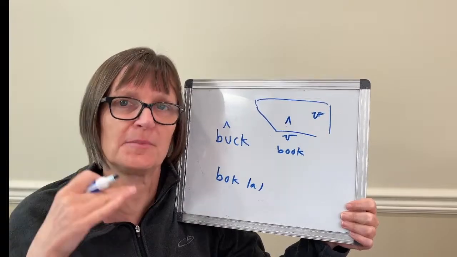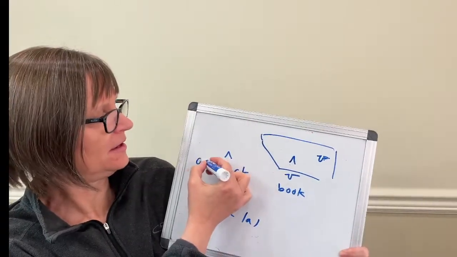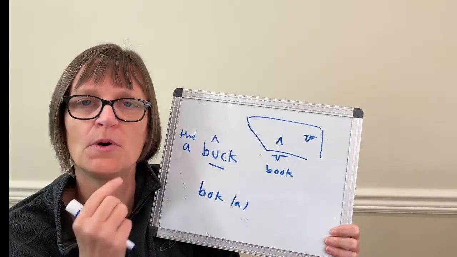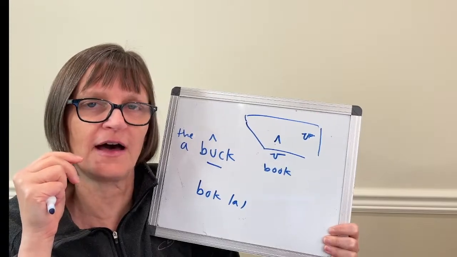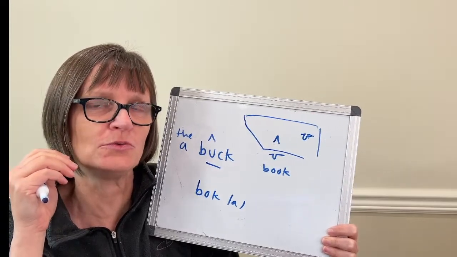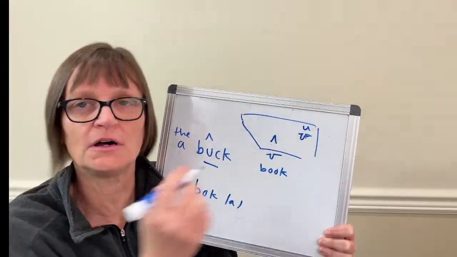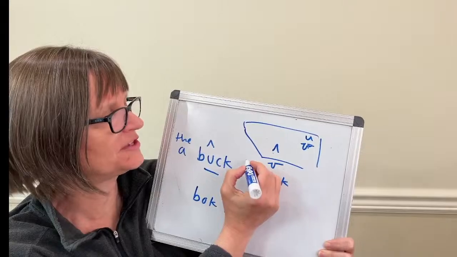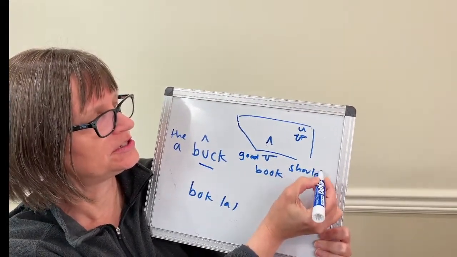It's resting on the bottom, but it's not pushing down. That's this vowel. You can think about like a buck or the buck. And then for book, the tongue is higher in the back. It's not all the way at the highest in the back position like an oo. It is a little bit lower, so the oo is here. For book, using a word like good or should to match your vowel.